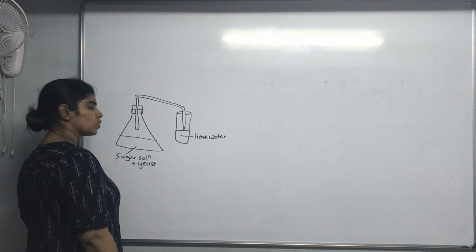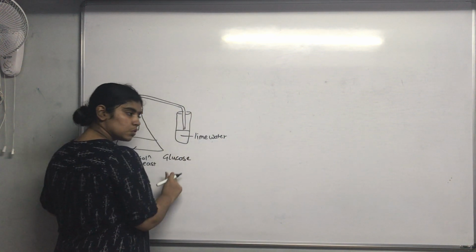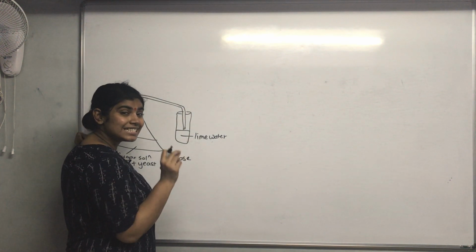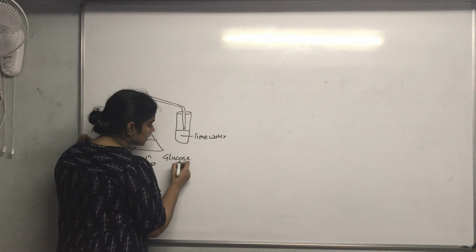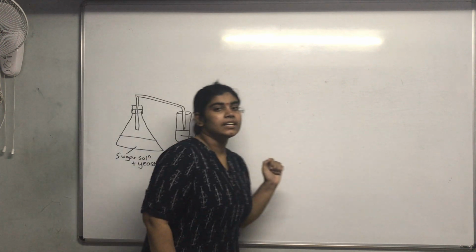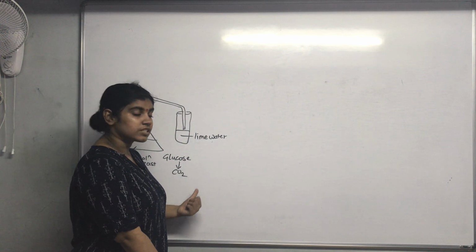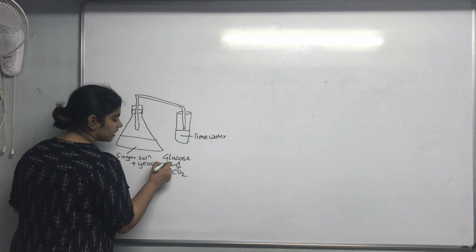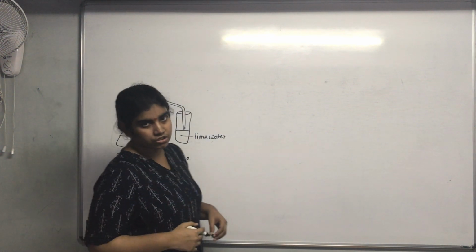Now what is sugar? Sugar is nothing but glucose. When the yeast acts upon the glucose or sugar, it releases carbon dioxide, because it breaks down sugar into carbon dioxide and generates ATP, which is the form of energy.